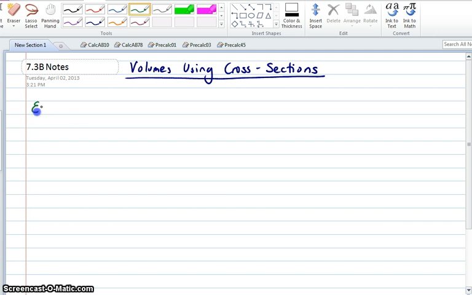So let's take a look at this example, which in this case we have a solid that lies between planes perpendicular to the y-axis, and this is where it's different than what we were doing yesterday. Everything we did yesterday was perpendicular to the x-axis, so it's a little bit different. Perpendicular to the y-axis instead, at y equals -2 and y equals 1.